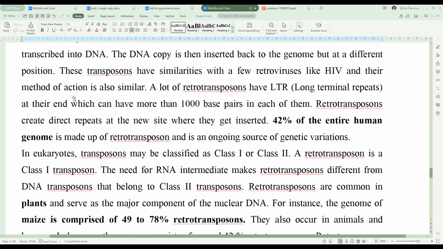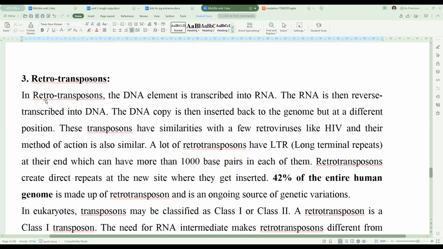Retrotransposons. Retro means an RNA intermediate is formed. DNA is transcribed to RNA, then RNA is reverse transcribed back to DNA by the reverse transcriptase enzyme. These retrotransposons are present in the human genome.